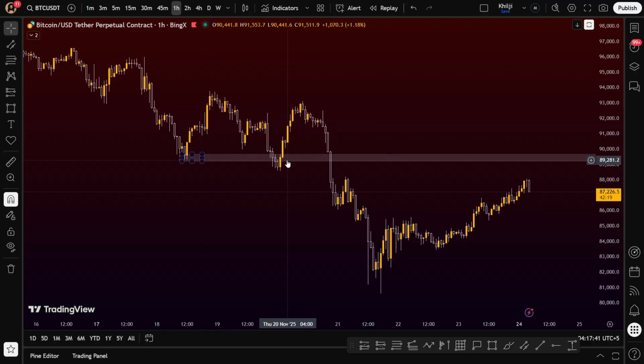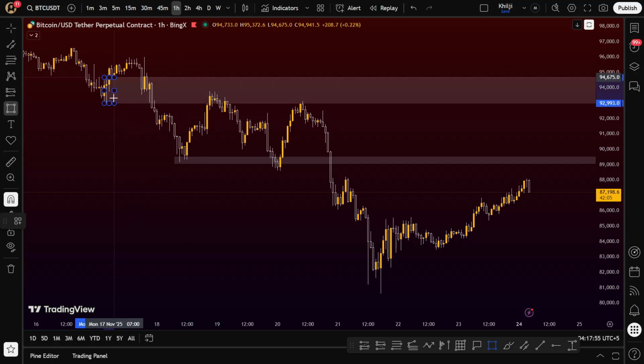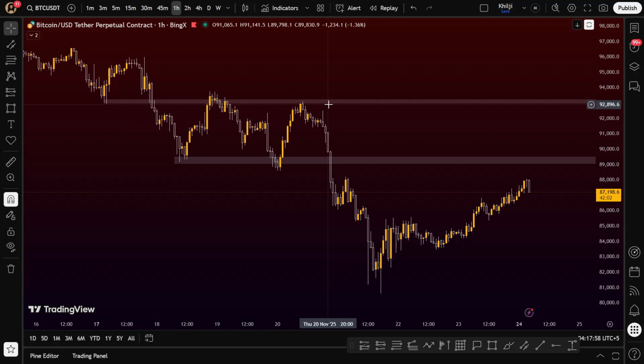Now, this is also a breaker, and this is also a support level because there have been multiple touches. And similarly, this is a resistance level, and the same thing goes for this resistance. Again, one tap, failed, tested. This was also a breaker, and now this becomes a resistance.